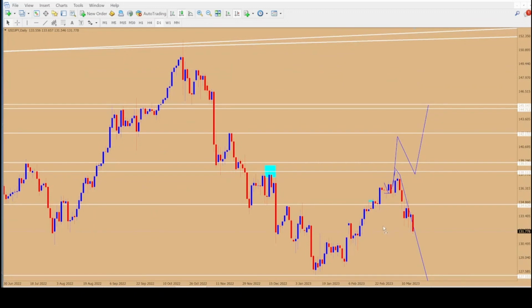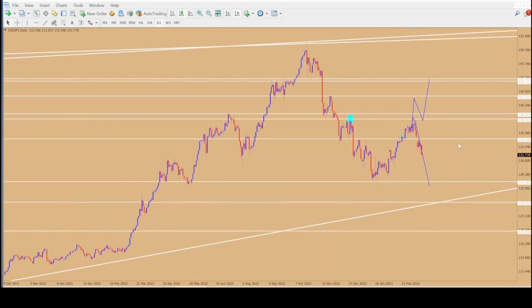Let's go to USDJPY. USDJPY seems to have continued in a predicted direction, as you can see. So this is where we target, but is there going to be a reversal or retracement around here?